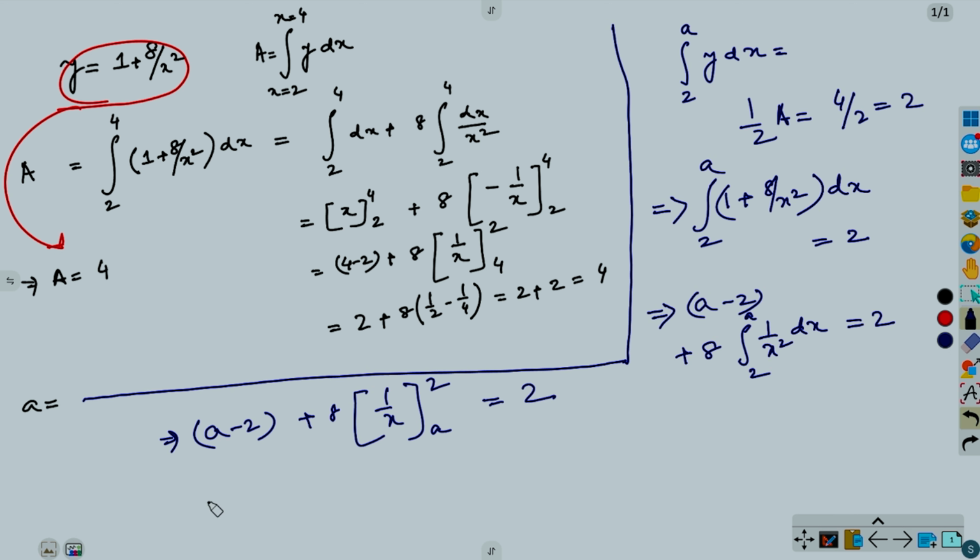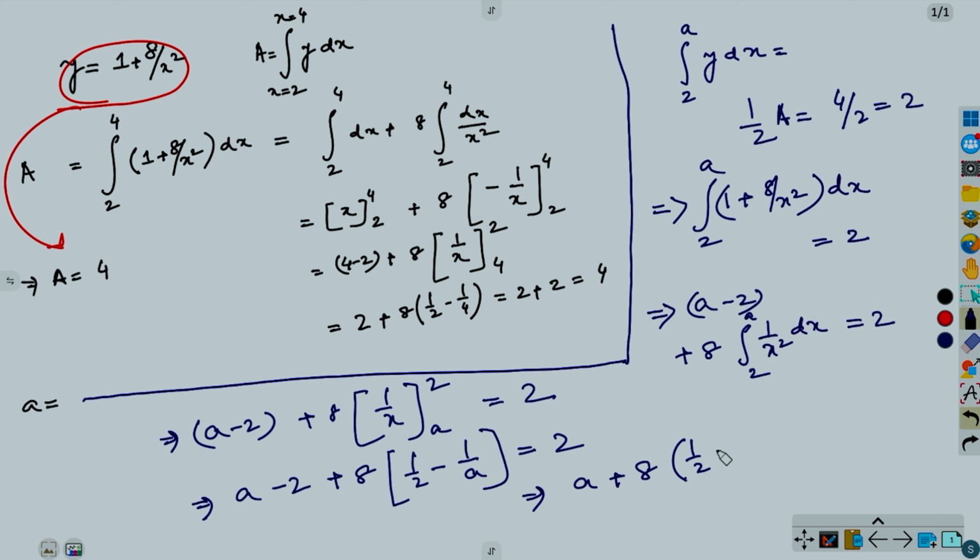I am just simplifying here: a minus 2 plus 8 times half minus 1 by a, this gives 2. This equals a plus 8 times half minus 1 by a equals 2 plus 2 equals 4.